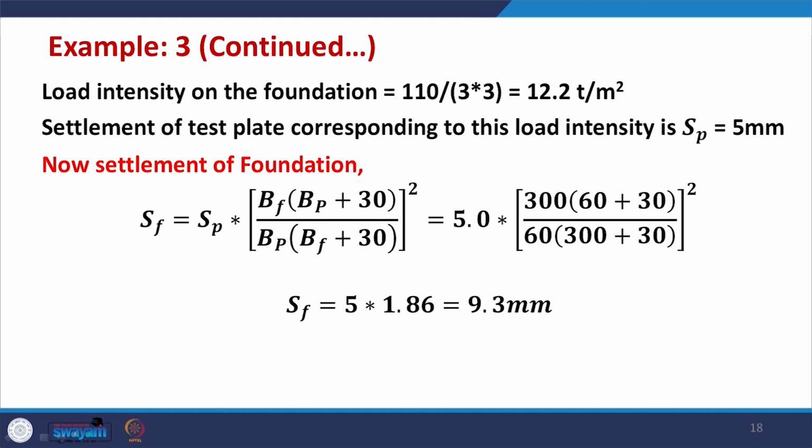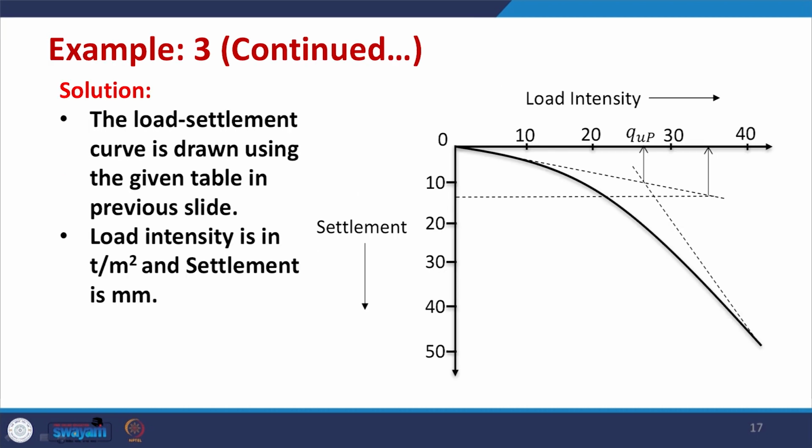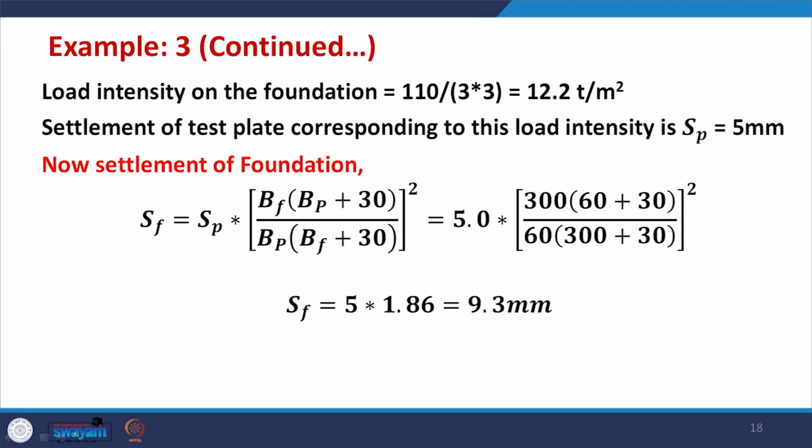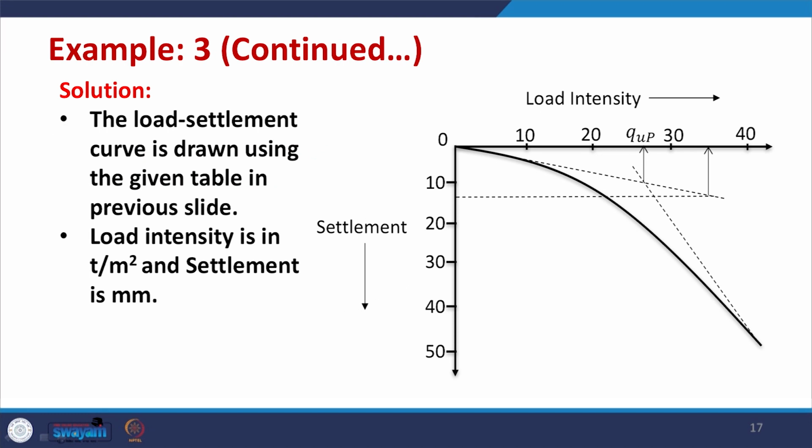For this value of 12.2 ton per meter square, you get the settlement from this chart. 12.2 will come somewhere here, and for this load intensity you get the settlement, which is 5 mm.